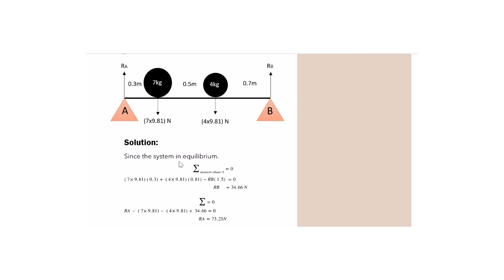So since the system is in equilibrium, the total moment about A will be equal to 0. So we calculate the moment for 7 kg, 7 multiplied by 9.81 multiplied by 0.3, the distance 0.3, plus the moment for 4 kg, 4 multiplied by 9.81 multiplied by 0.8, 0.3 plus 0.5, 0.8, and then minus RB, the force at RB, multiplied by 1.5.